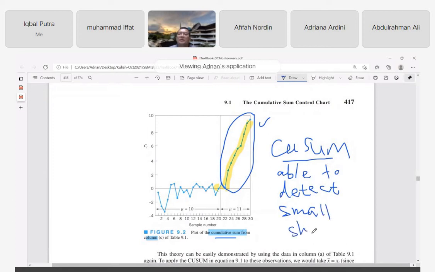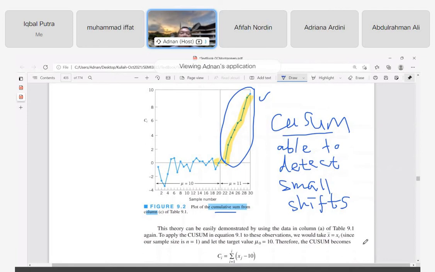What do we mean by small shift? Normally, when we say small shift, we are referring to 1.5 sigma and below. As we know, in a normal control chart, we have 3 sigma above and 3 sigma at the bottom.